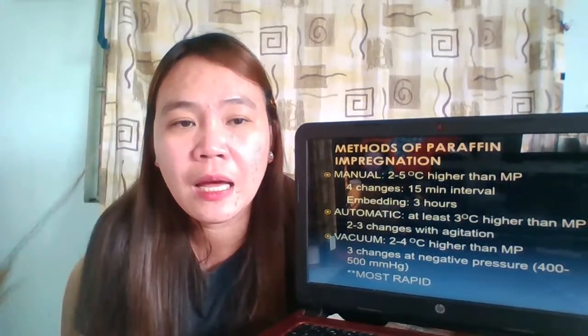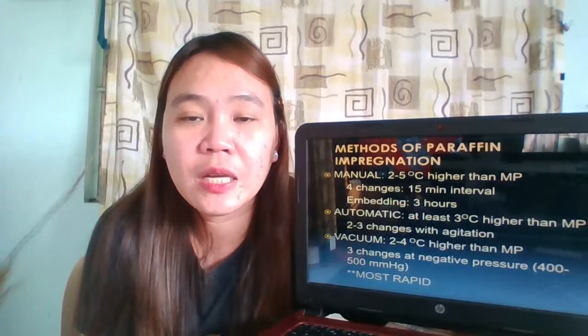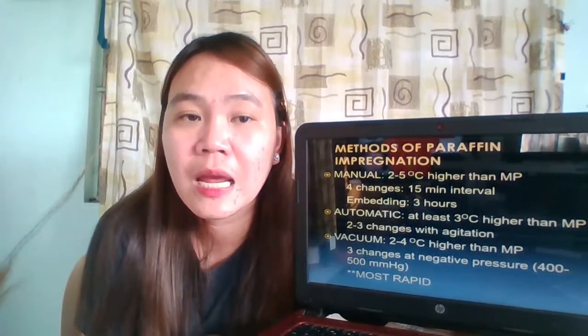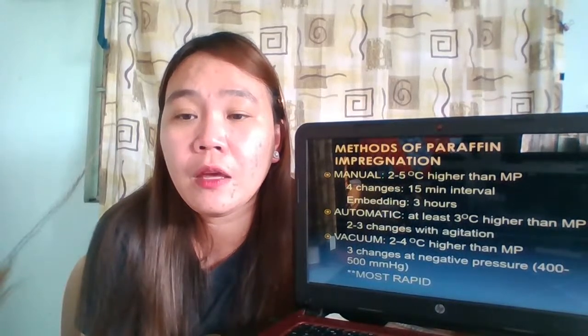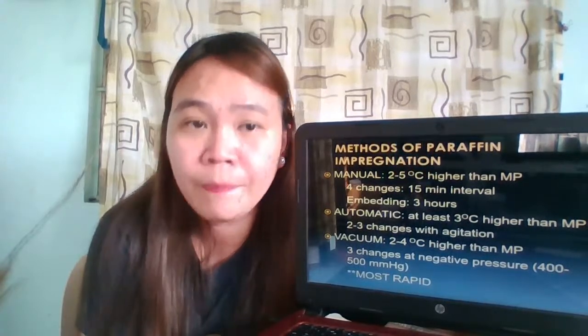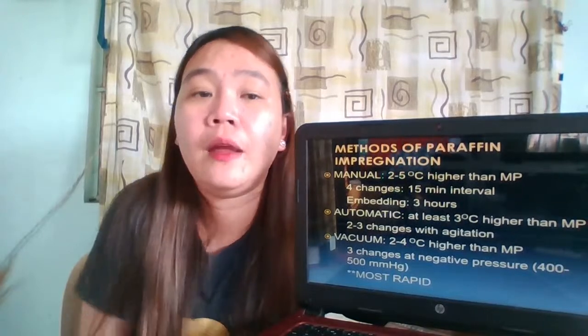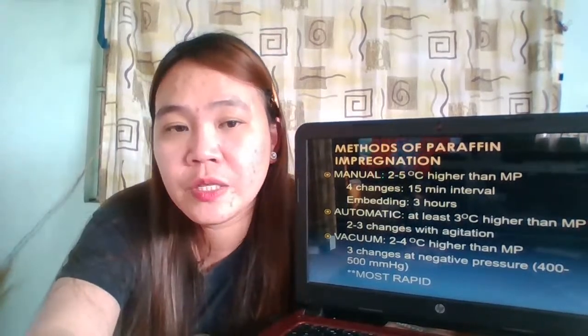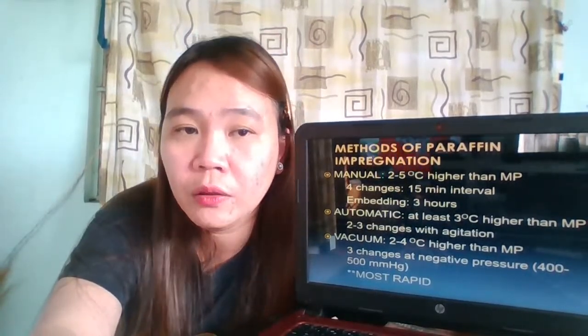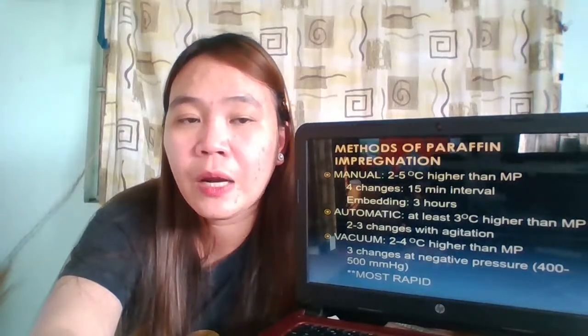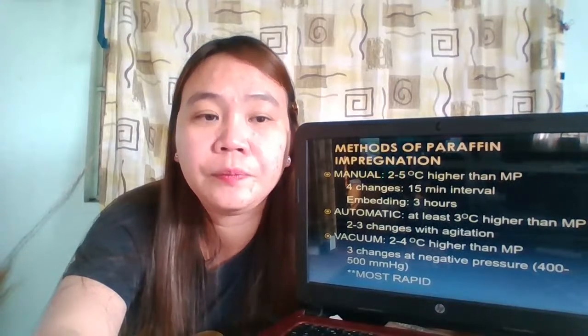The required number of changes is 2 to 3. Since we are making use of an automatic processor, it should be performed with agitation, so automatic paraffin impregnation involves the presence of agitation.